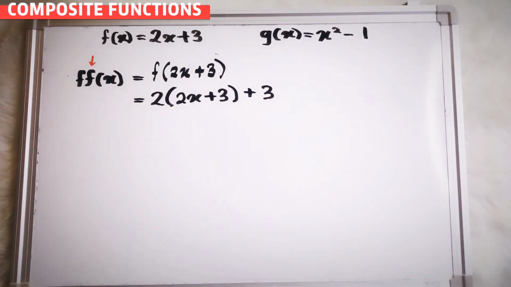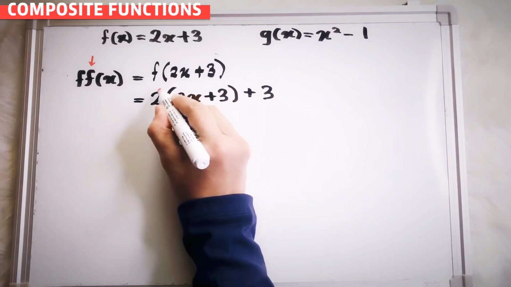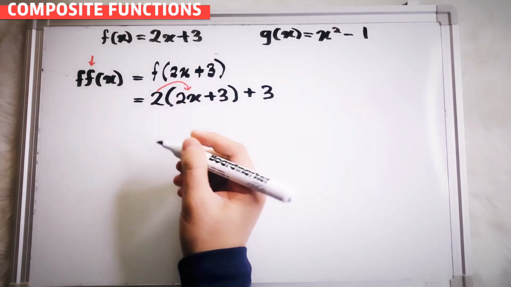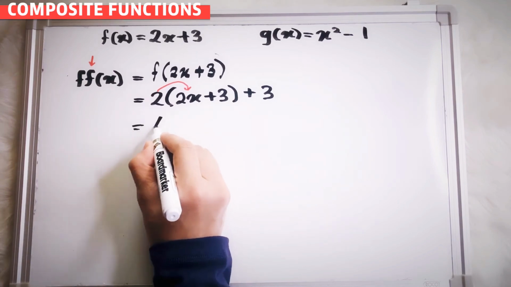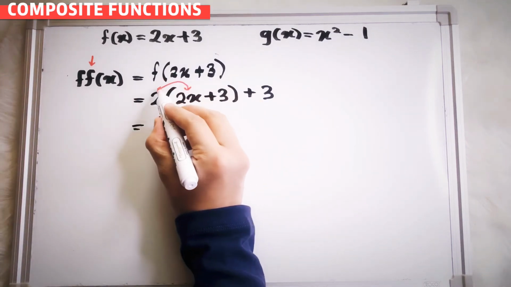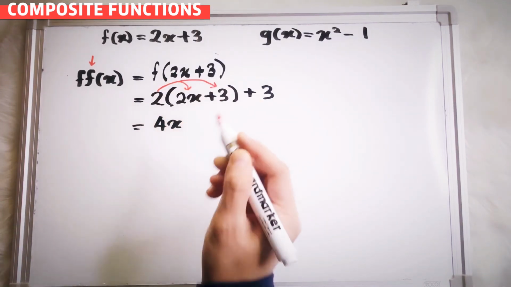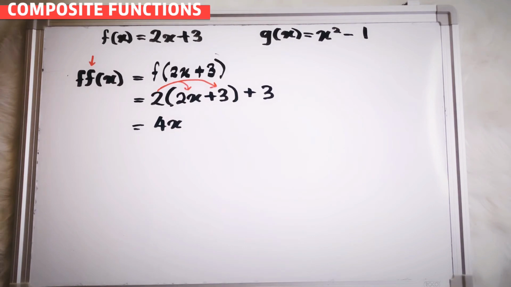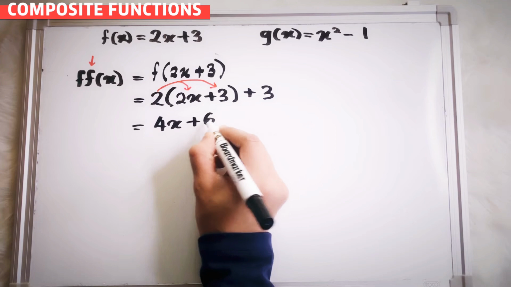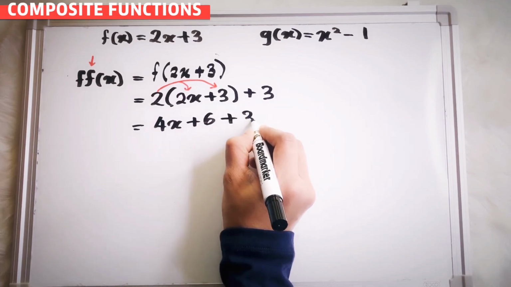Same, right? Now we have to expand. 2 times 2x gives 4x. The next one, 2 multiplied with positive 3 gives plus 6, plus 3.